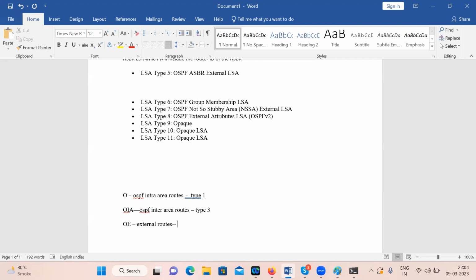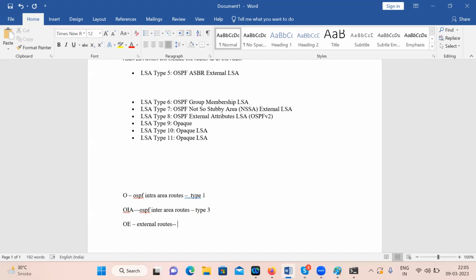Type 4 will only inform every other router who the ASBR is. That's it. Through type 5, the ASBR router will flood external information, that means RIP information.